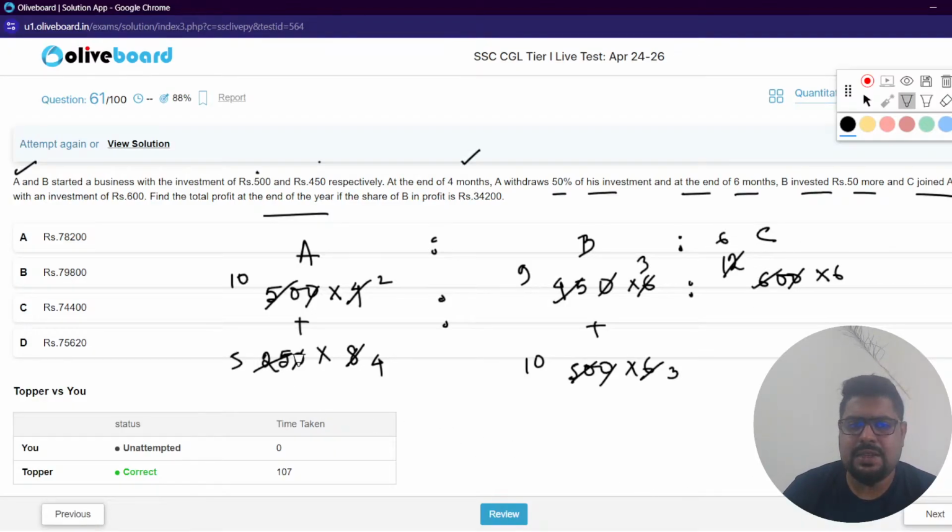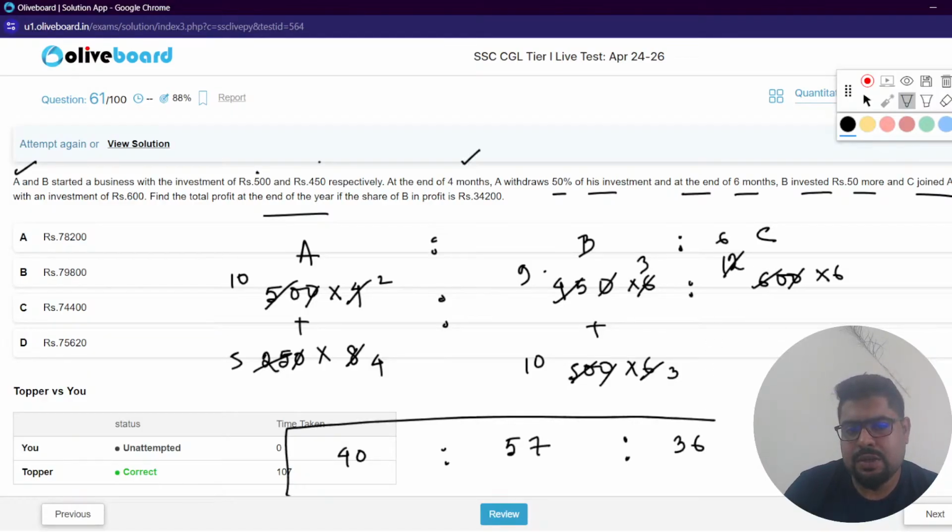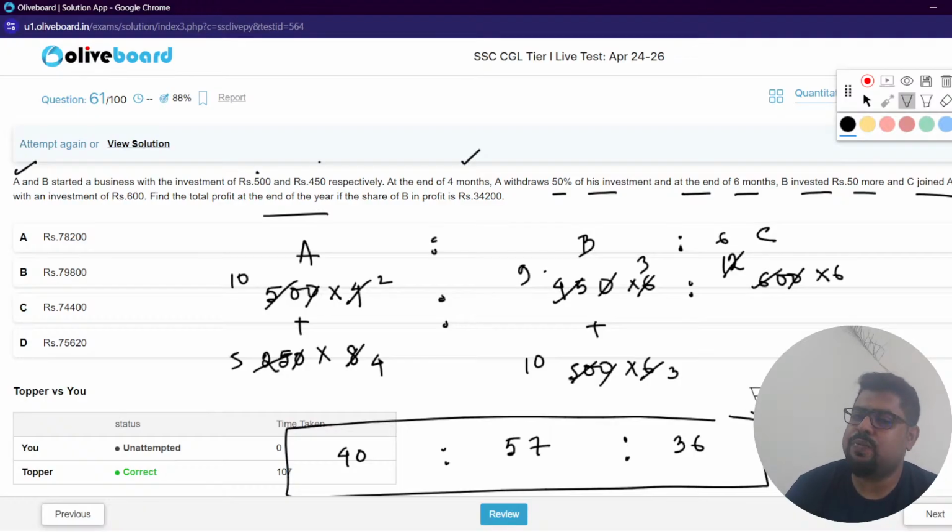I cannot do anything. So 20 and 20. That means 40 here. Ratio: 27 plus 30, 57 here, and 6 6s are 36 here. This is the ratio, sir.